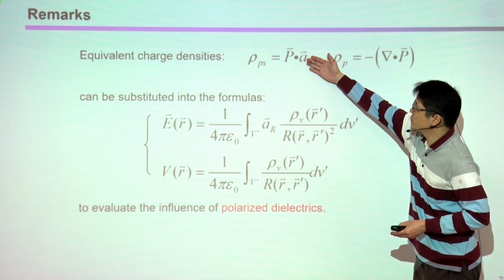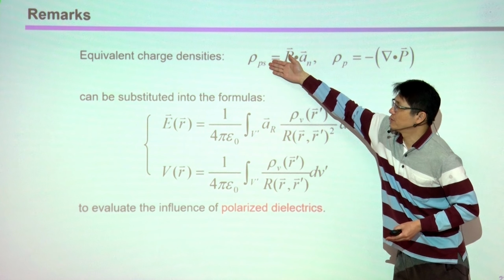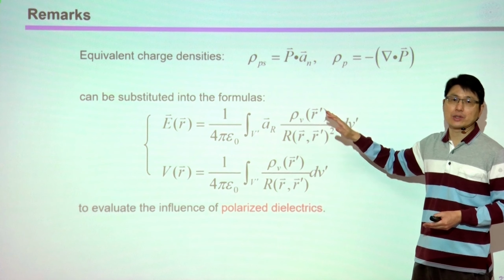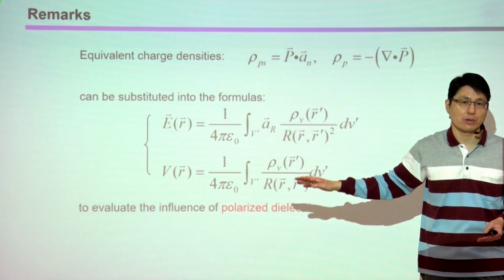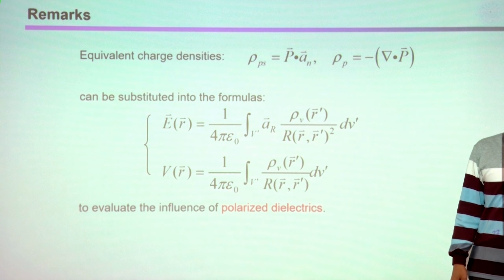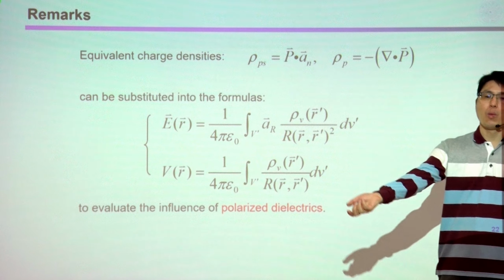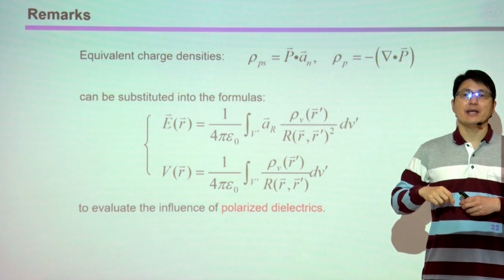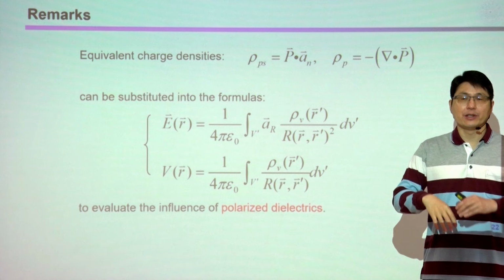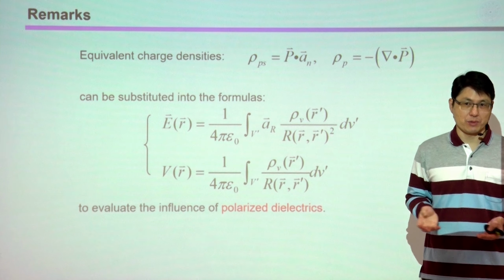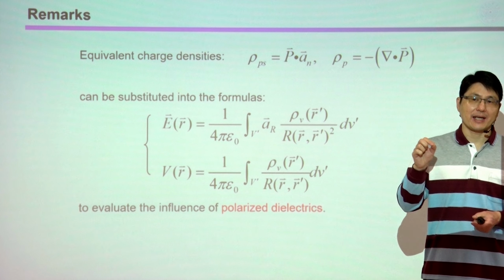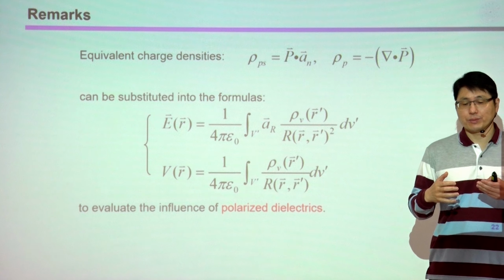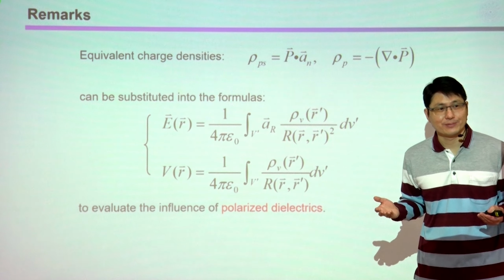So you're free to replace all these charges into the Coulomb's law formulation or Gauss's law formulation. So this is telling you, once you have induced electric dipoles, they create their own field distributions. So you need to calculate them. And that's making things more complicated, right?